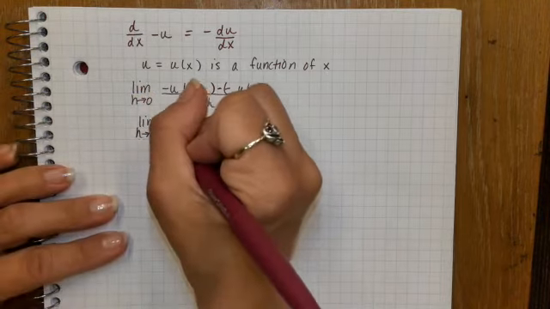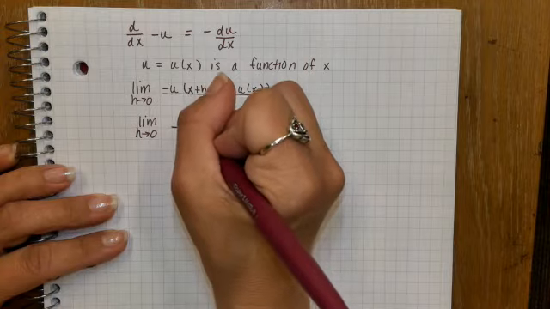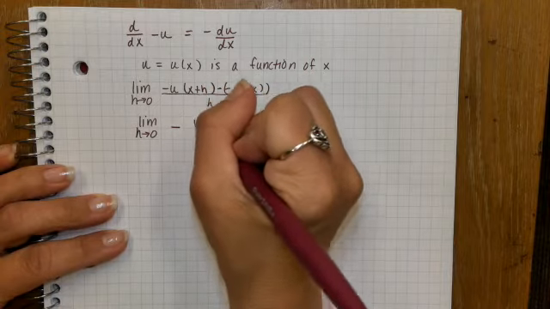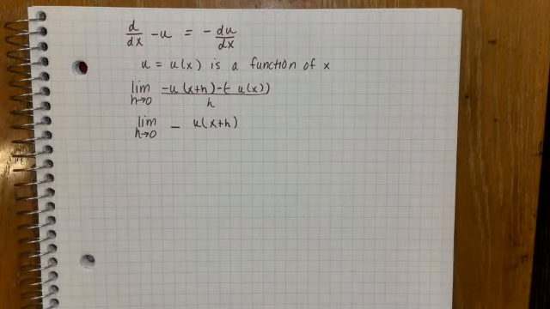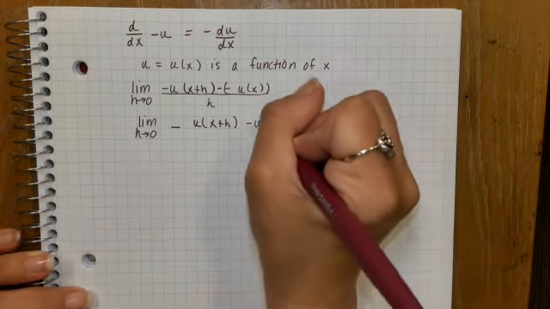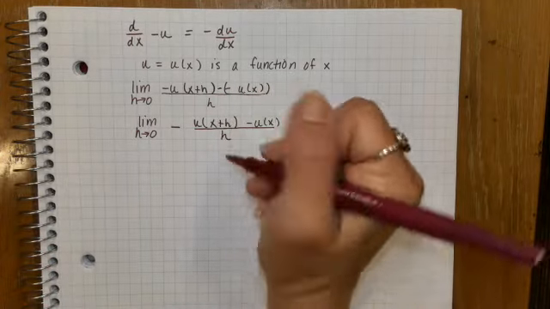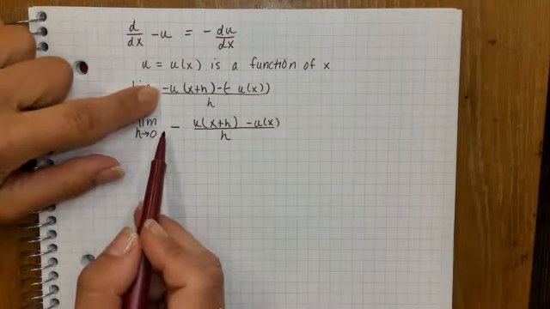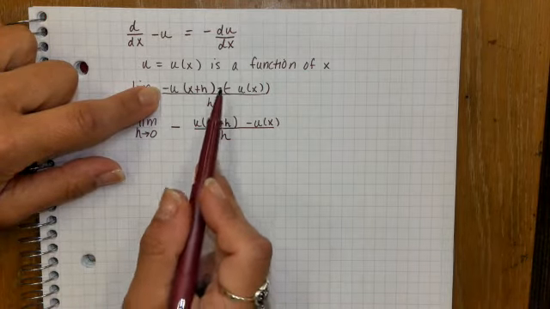So this is negative u of x plus h minus the u of x all over h.